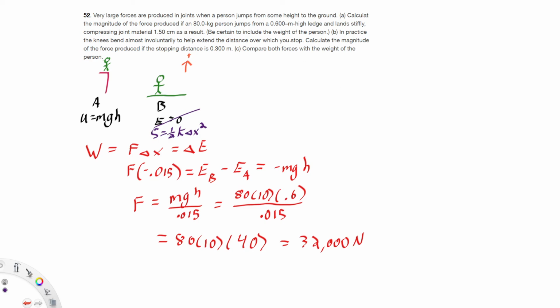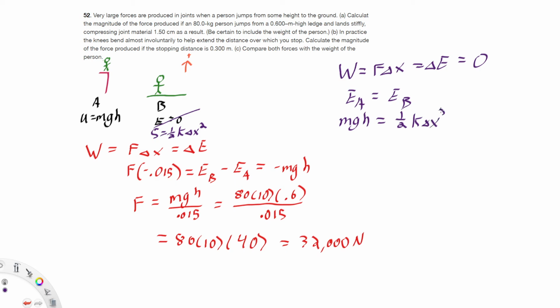So we could totally say, in that perspective, work equals force applied over a distance, but in this case, we're not looking at any forces, we're only looking at sources of energy. So here, there's no change in energy, which means energy at A equals energy at B. So we have mgh equals 1/2 k delta x squared.